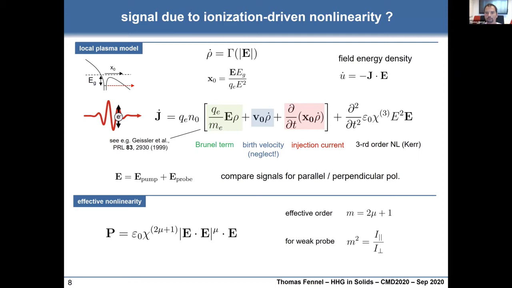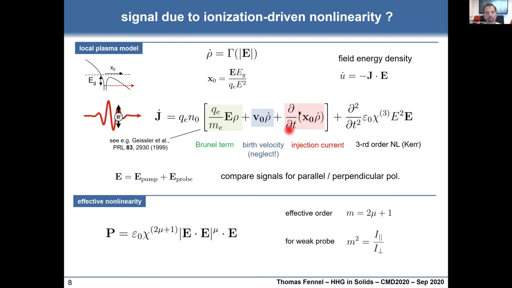Therefore I'd like to present our modeling, which is a local plasma model. In a sense, it's extended based on the idea from the Brunel paper. The acceleration term is shown here with additional terms. We have the Brunel terms that you know already. There's the burst velocity term that considers the initial velocity at the tunnel exit, which we also neglect.